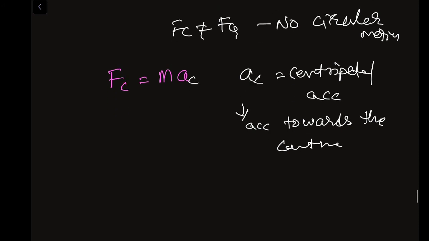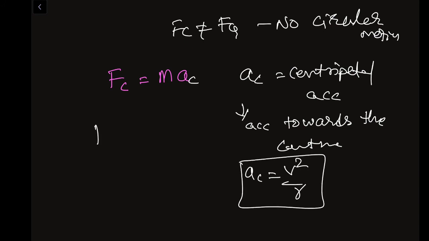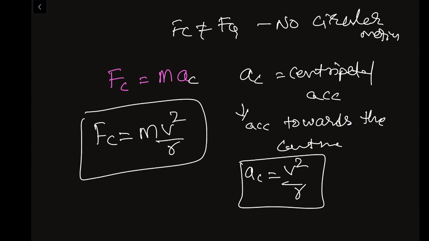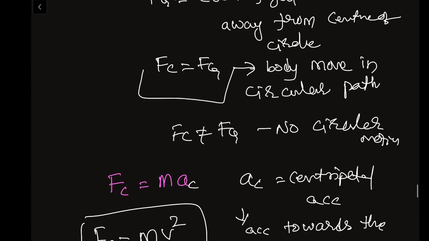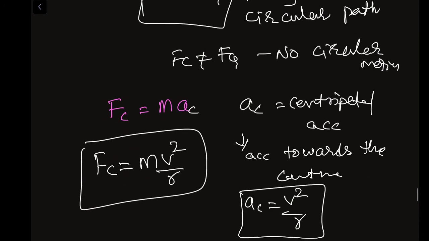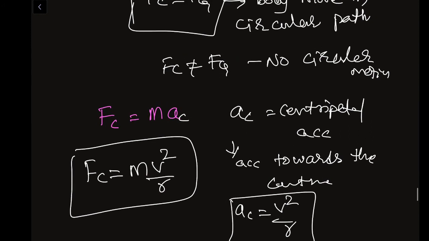AC is equal to V square by R, so Fc is equal to M V square by R. This is the centripetal force formula. According to this condition, the centrifugal and centripetal force magnitudes are equal. Clear, my children?